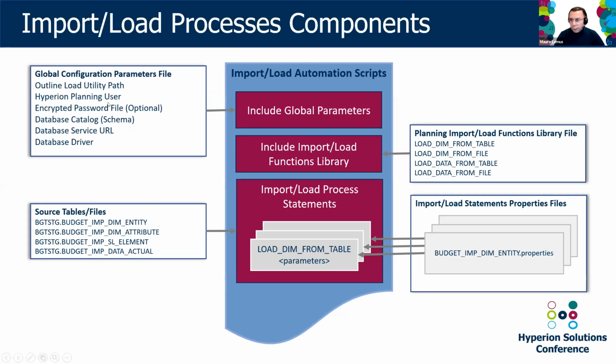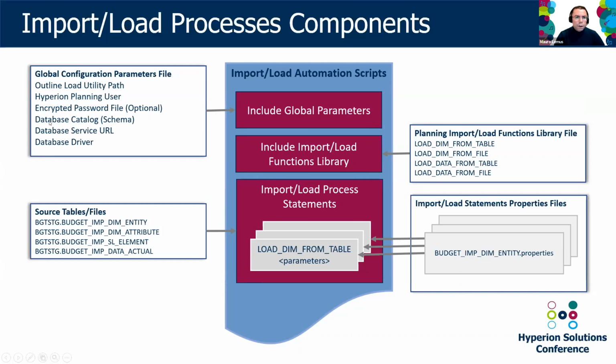Something like the user, you have a single user for all your automation processes, then that user is a candidate to be in the global configuration parameters, and the password related to the user is encrypted in a password file; you use the regular encryption tool in order to create this file with the encrypted password.